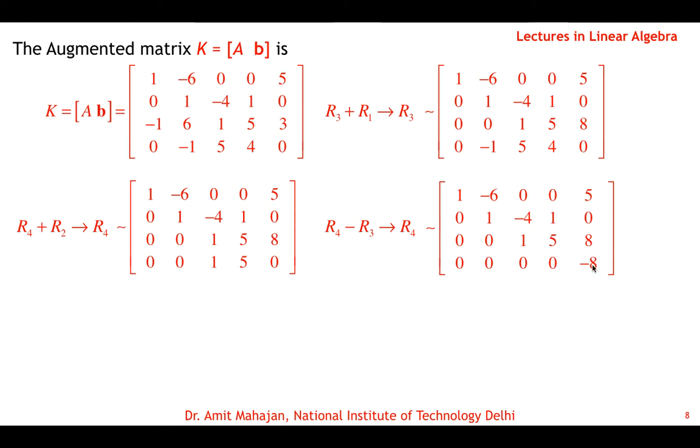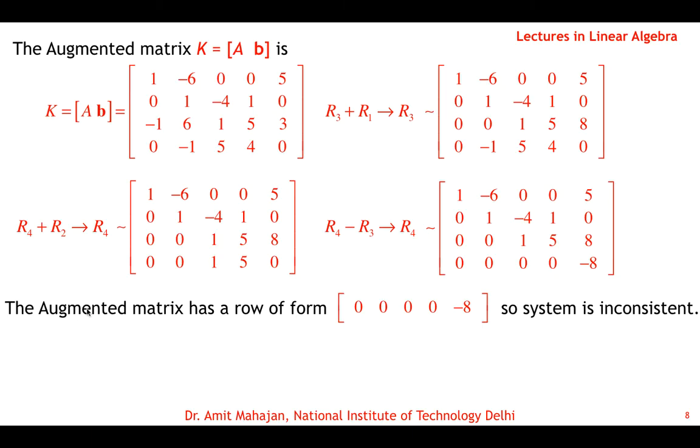Clearly you see that the last column is a pivot column here, or equivalently there is a row of the form 0 0 0 0 with the last element non-zero. So the system is inconsistent, there is no solution to this system.